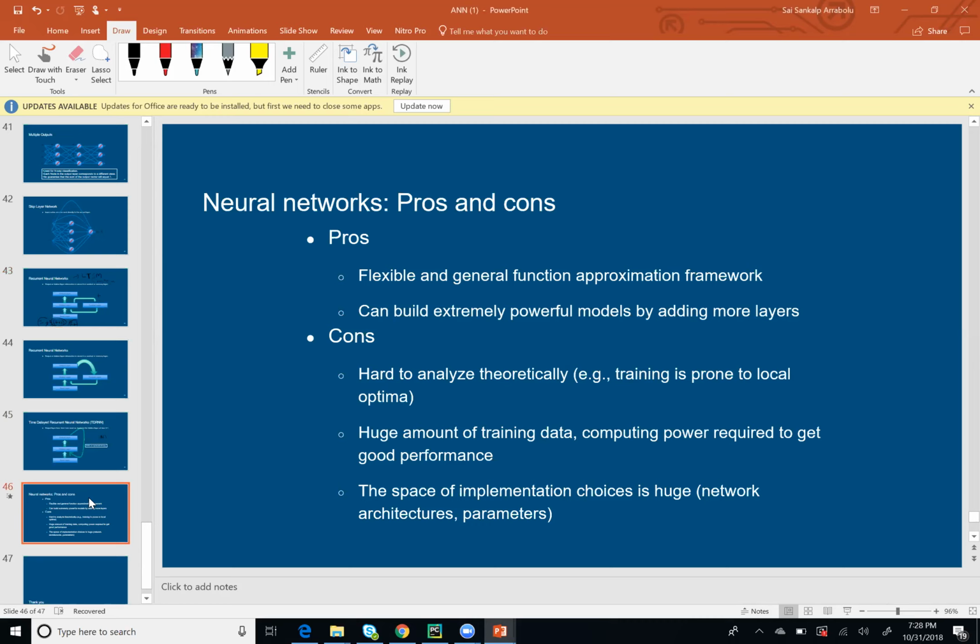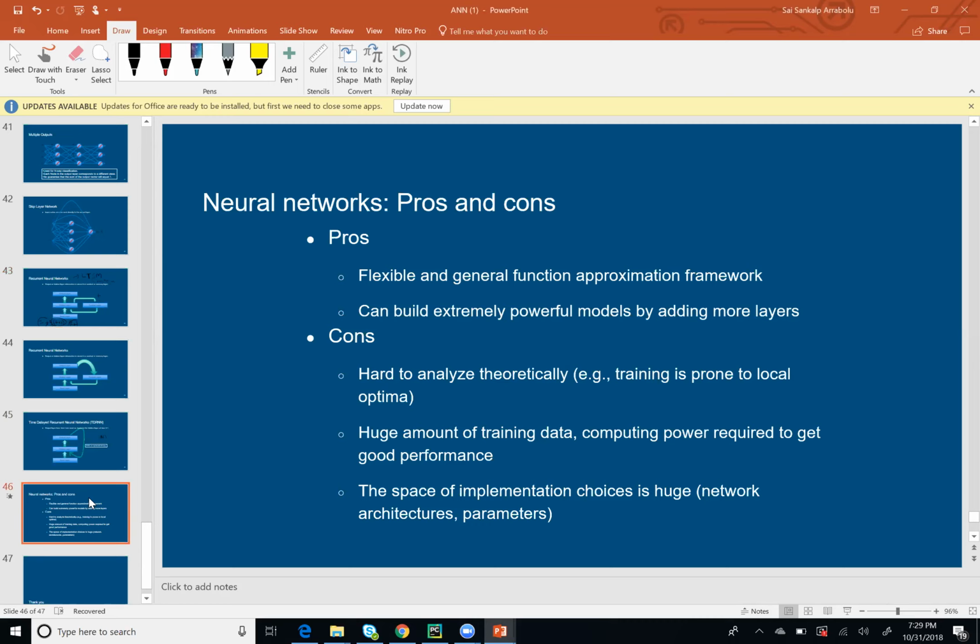So people just do deep learning, play around with it, and then look at the ultimate results. They don't know what an individual layer learns or how it propagates its learning to the next layers, how the back propagation happens, and things like that. So it is not easy to theoretically understand what it is doing, but at the same time, if you have enough computational power, it is useful to learn these networks.